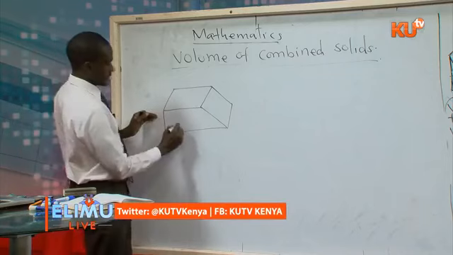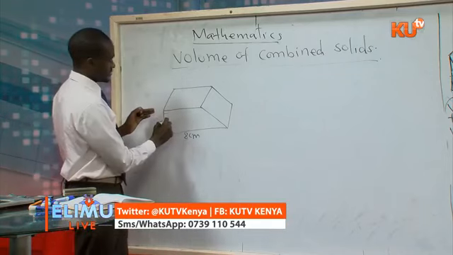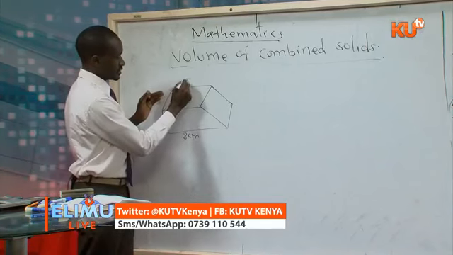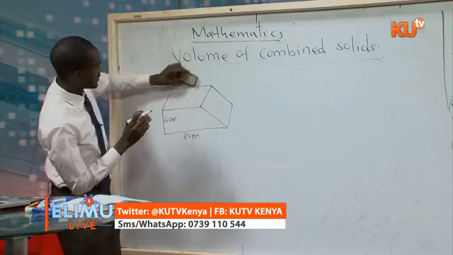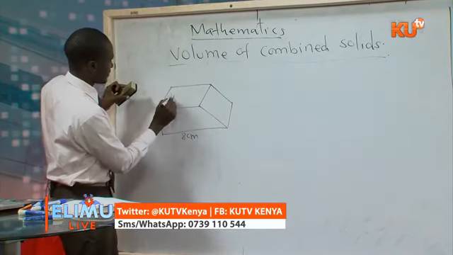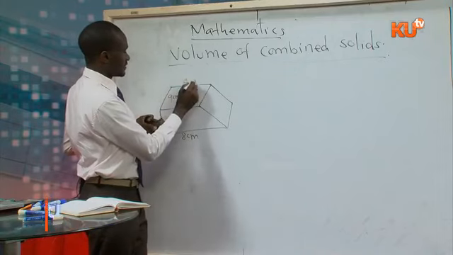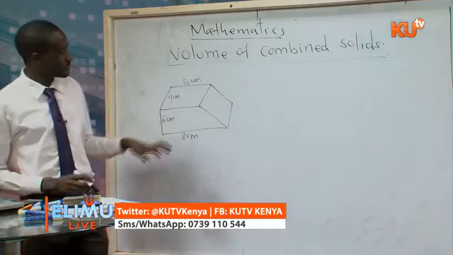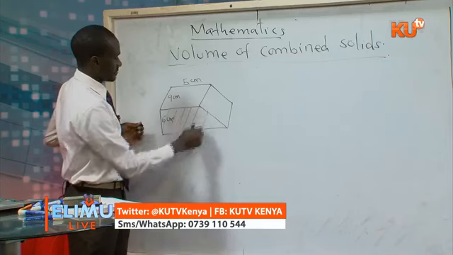So for this one, here is 8 centimeter. This one is 6 centimeter. This one is 9 centimeter. 9 centimeter is this one here. Then this part is 5 centimeter. Now for this figure, its base area is this one.